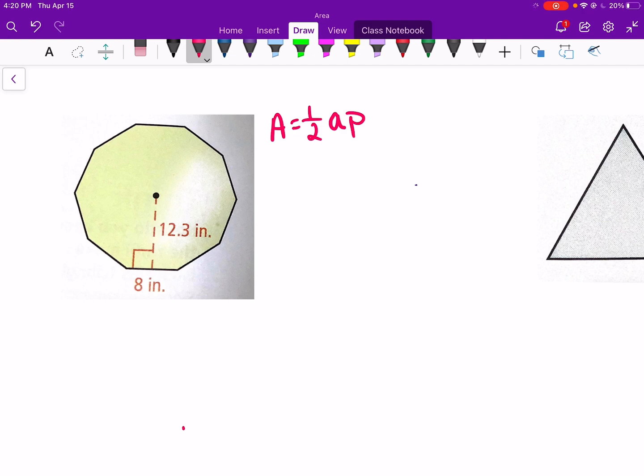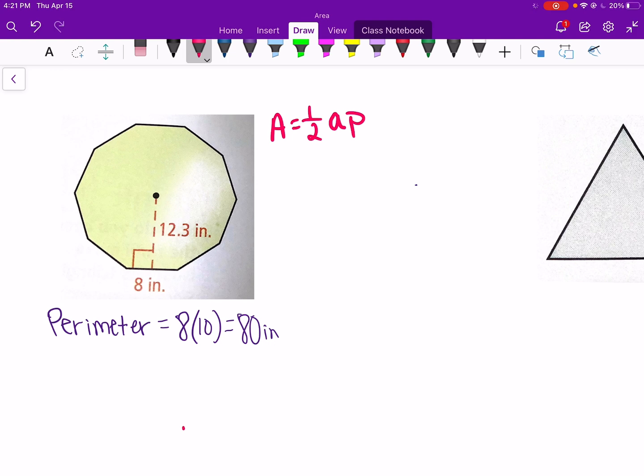And it gives us one side length of 8. But if we have the side length, and we know this is a regular polygon, we can find the perimeter by taking 8 times the number of sides, which is 10. So our perimeter is 80 inches.